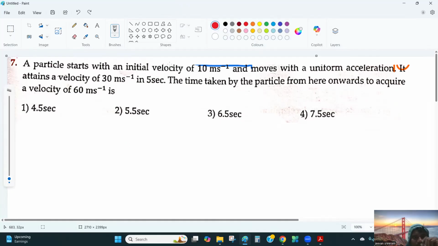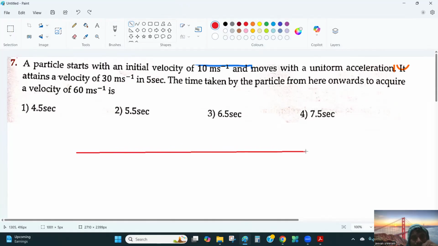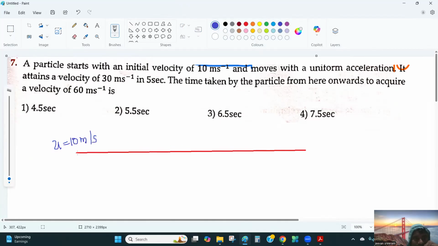So the particle starts with an initial velocity of 10 meter per second. Initially u is equal to 10.